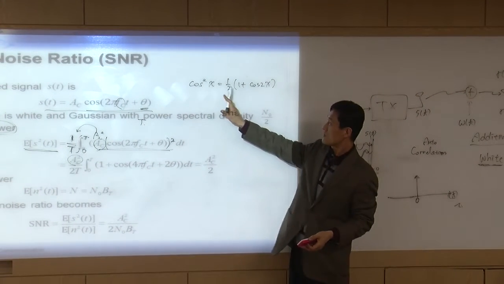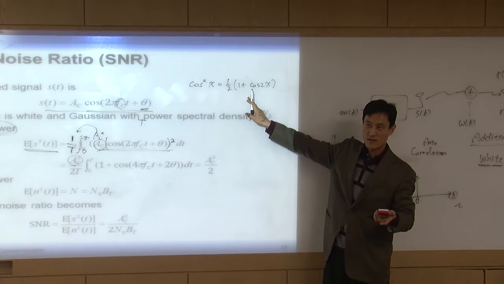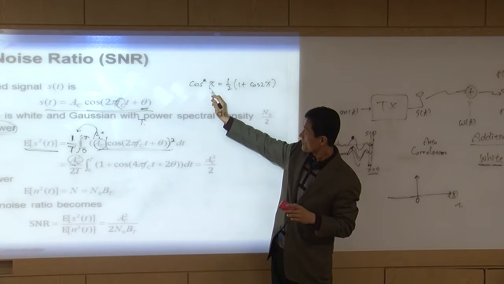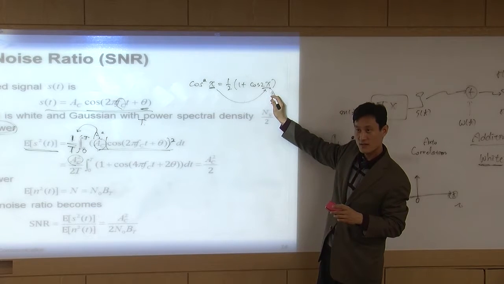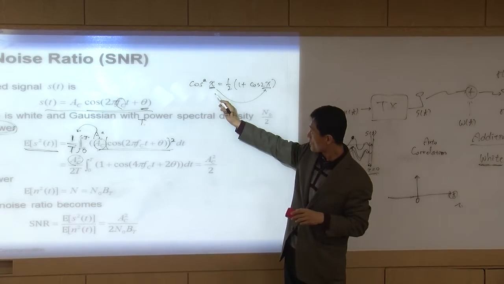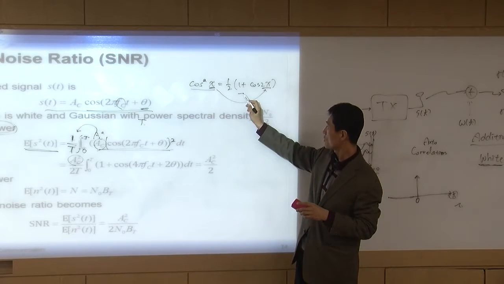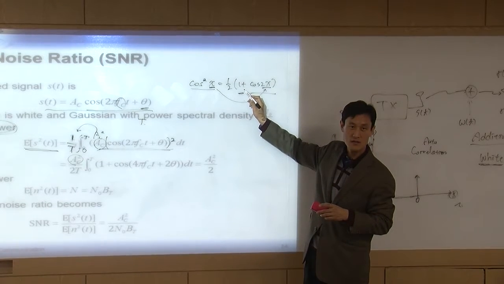You can change this square into this one using the identity. What you can see here is that when you square, x now becomes 2x. Also, we had only one term, cosine squared, but now we have two terms, and especially the first one is going to be constant.